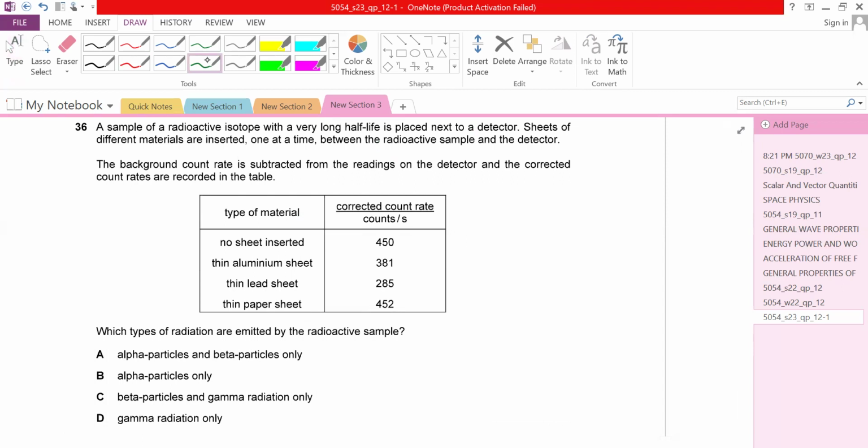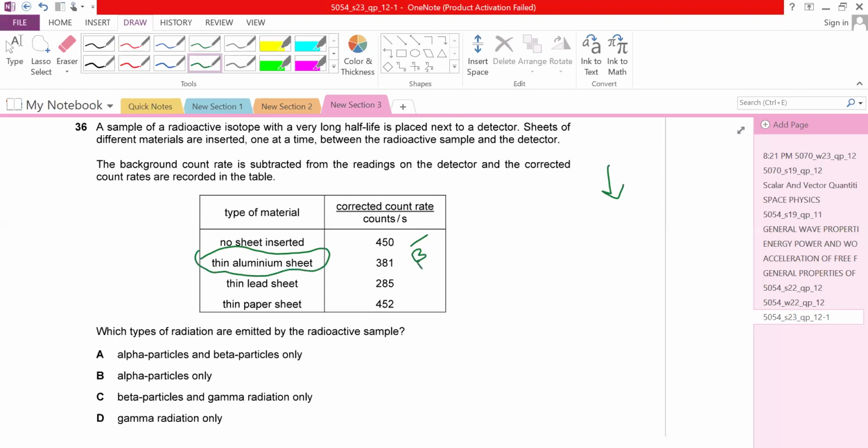No sheet inserted, the count rate remains 440. When the aluminum sheet is inserted, the count rate decreases, which means beta particles are present.